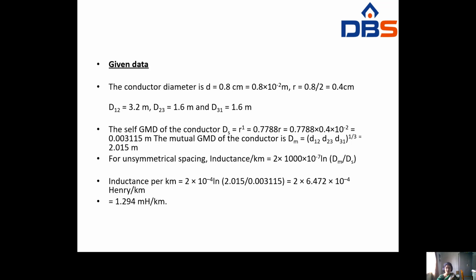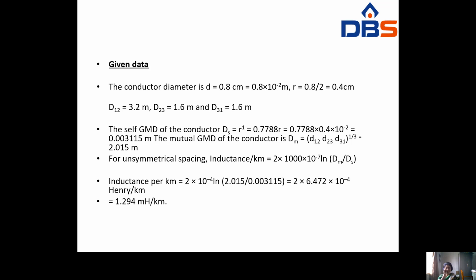Then r equals 0.8 by 2, which is 0.4 centimeters, that means 0.4 into 10 to the power of minus 2 meters. And the distances are D12 equal to 3.2 meters, D23 equal to 1.6 meters, and D31 equal to 1.6 meters.